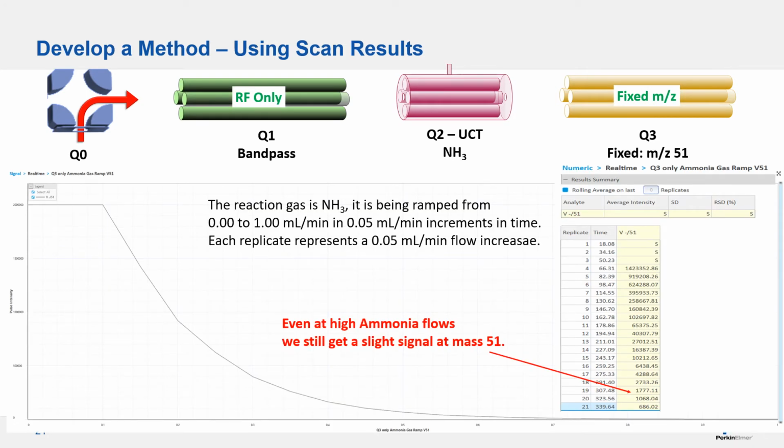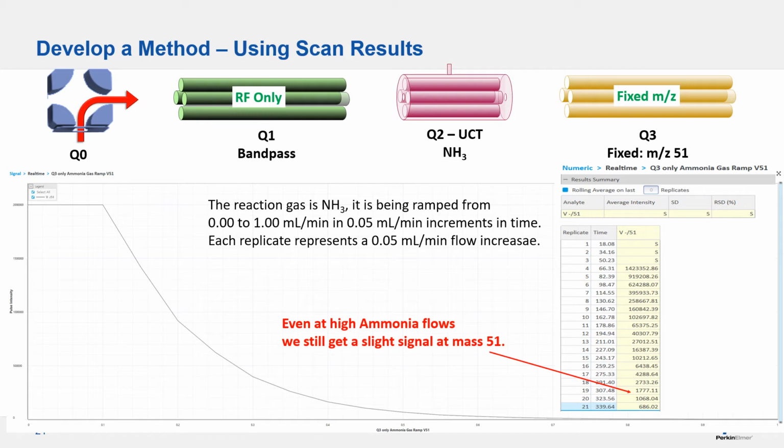So this is a typical profile when looking at mass 51 and introducing ammonia. So we go from 0 flow of ammonia to 1 milliliter per minute in 0.05 milliliter increments. And each replicate on here, each replicate down on the side, or also representative graphically here, is a 0.05 mL flow increase.